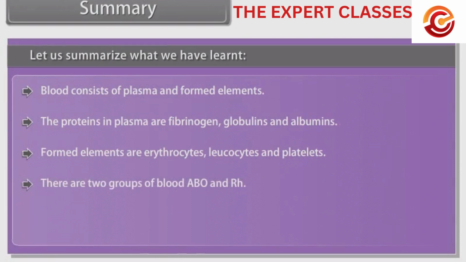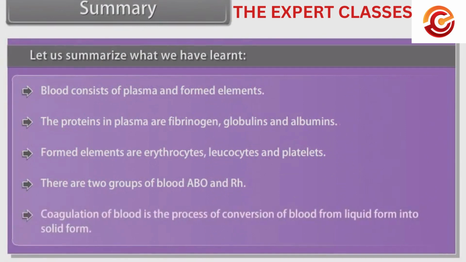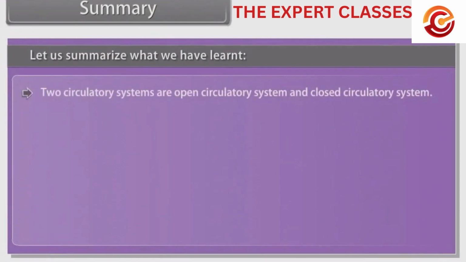There are two groups of blood, ABO and RH. Coagulation of blood is the process of conversion of blood from liquid form into solid form. Two circulatory systems are open circulatory system and closed circulatory system.